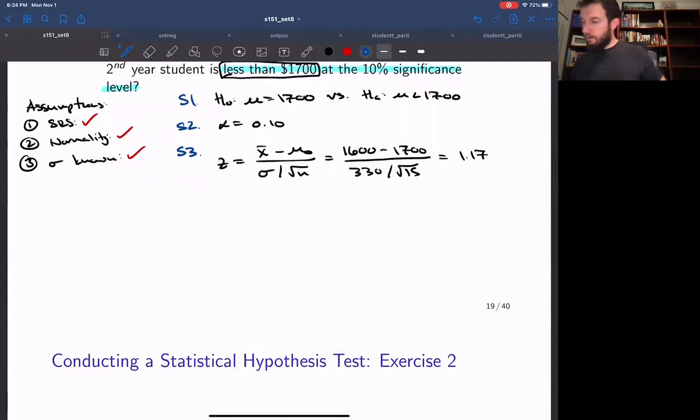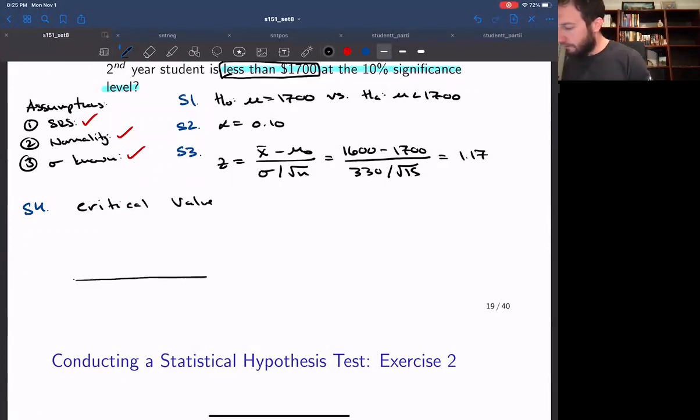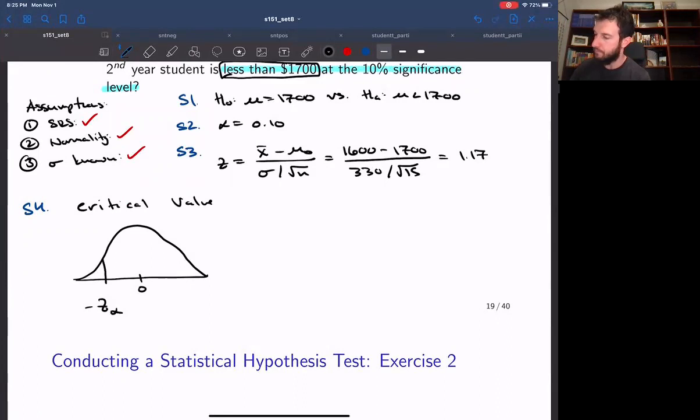All right, on step 4, we can take either the critical value approach or the p-value approach. If we take the critical value approach, we start by sketching out our normal curve. This is a lower tail test, so now we're going to have a negative critical value.